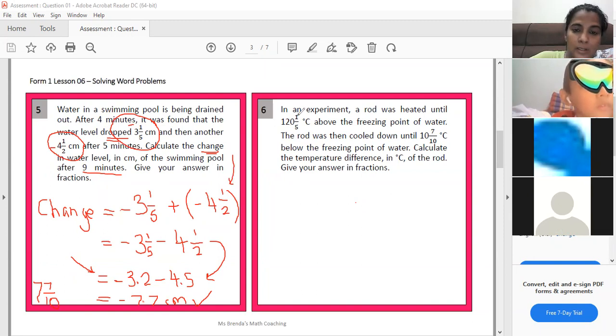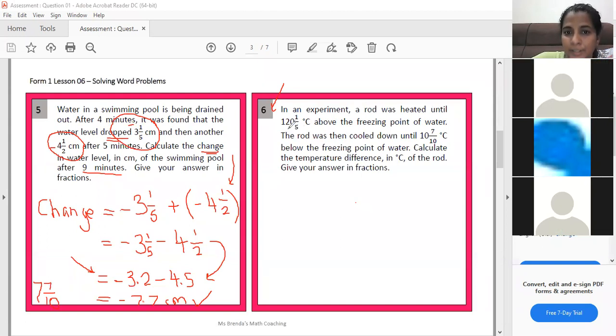All right. Now let's go on to number 6. In an experiment, a rod was heated until 120 1/5 degrees Celsius above freezing point of water. Oh, they asked to give the answer in fractions.